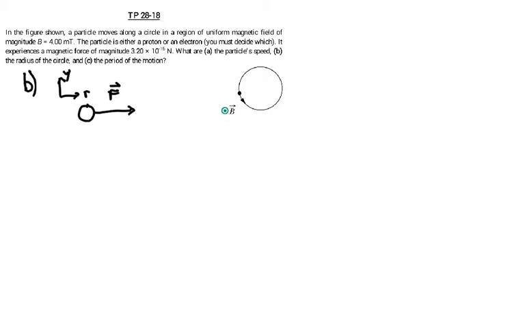And because we have a centripetal force, which happens to be the Lorentz force, it is always pointing in the radial direction. So, now that we have a good free body diagram for our particle, I want you to do a Newton's second law analysis in the radial direction. See you in a minute.